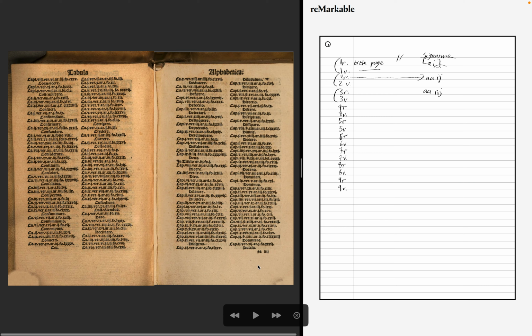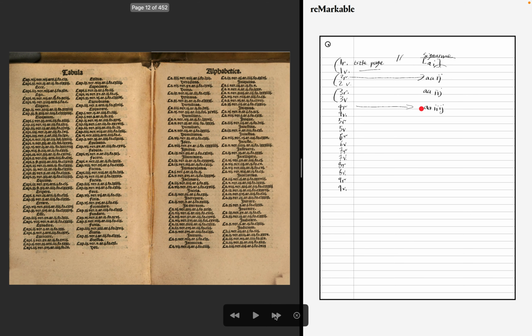A4 is going to be on 4 recto: A 1, 2, 3, 4. They don't use the IV usually. They just use 4 I's because they just stop after that. They just say, you figured it out.